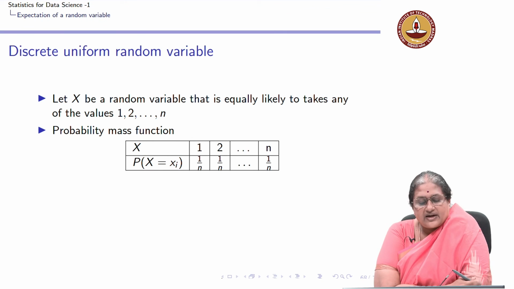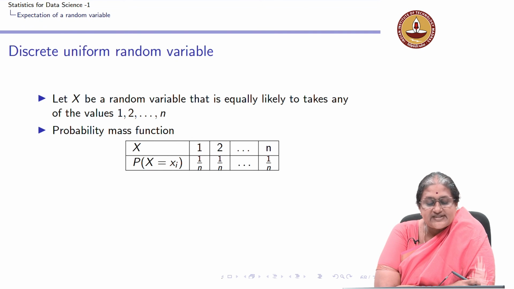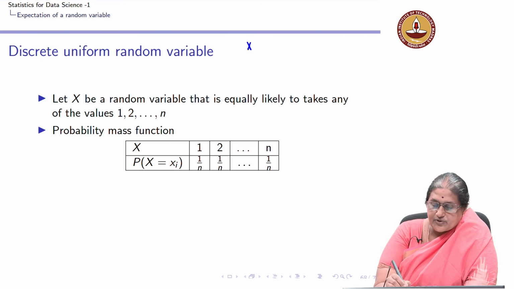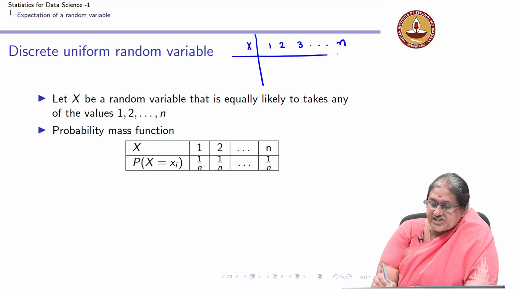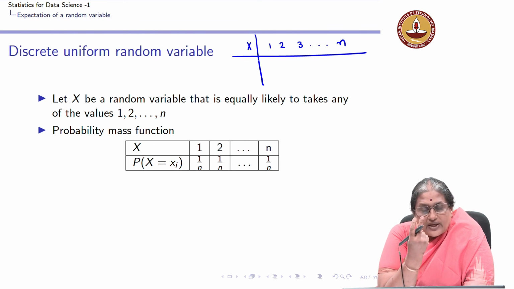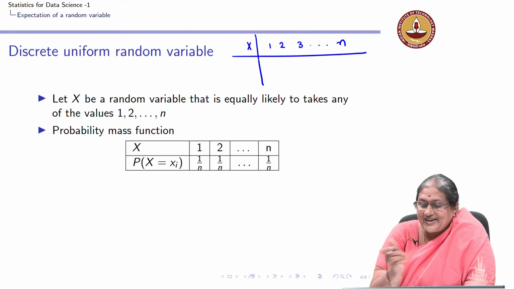There is another random variable which we refer to as a discrete uniform random variable. Suppose x takes the values 1, 2, 3 up to n, and the chance of it taking any value is the same. Earlier Bernoulli took only 2 values, but here I am assuming it takes n values.